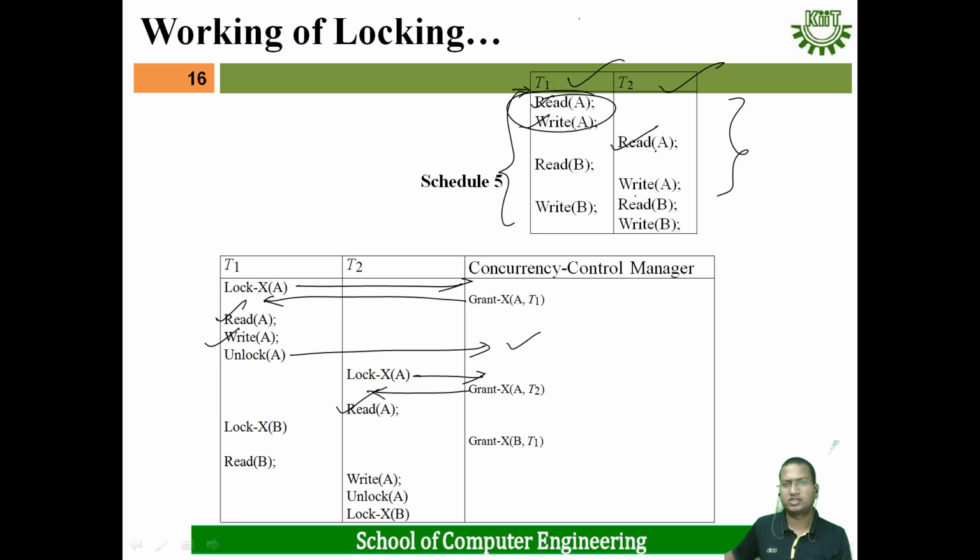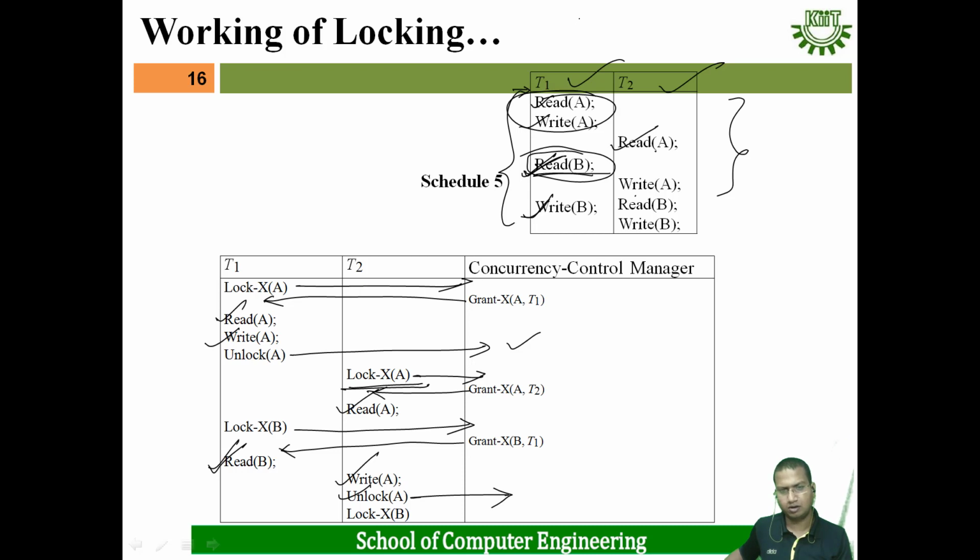At that moment, suppose transaction T1 wants to execute this instruction, and as read B, write B is there, T1 requests an exclusive lock on B. As no lock is applied on B, the concurrency control manager will grant that lock. Then the read B instruction will be executed. Then, as the exclusive lock on A is applied, the write A instruction will be executed. Unlock A, it will unlock the lock on A.